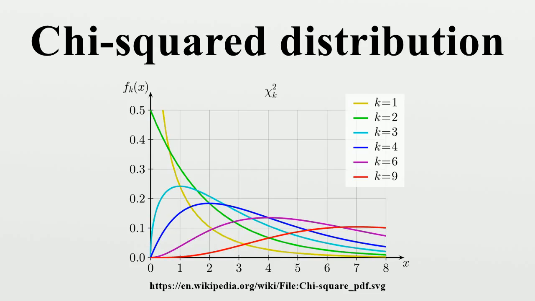The primary reason that the chi-squared distribution is used extensively in hypothesis testing is its relationship to the normal distribution. Many hypothesis tests use a test statistic, such as the t-statistic in a t-test. For these hypothesis tests, as the sample size n increases, the sampling distribution of the test statistic approaches the normal distribution.